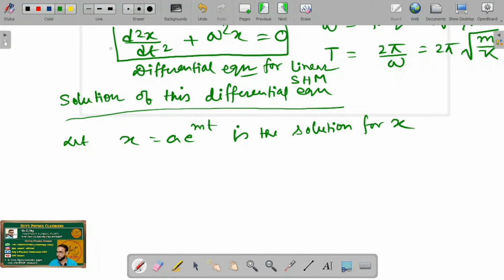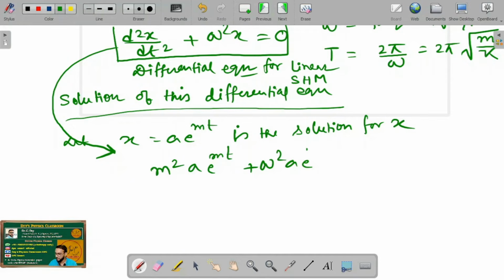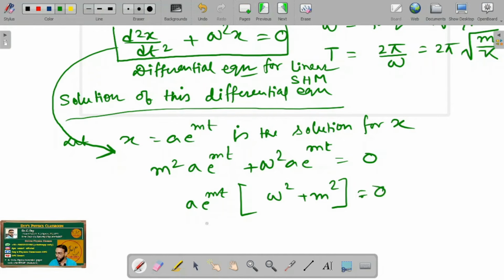If we put this in the equation, we will get m square a e to the power mt plus omega square a e to the power mt equals 0, or a e to the power mt common, omega square plus m square equals 0, or m would be plus minus i into omega.